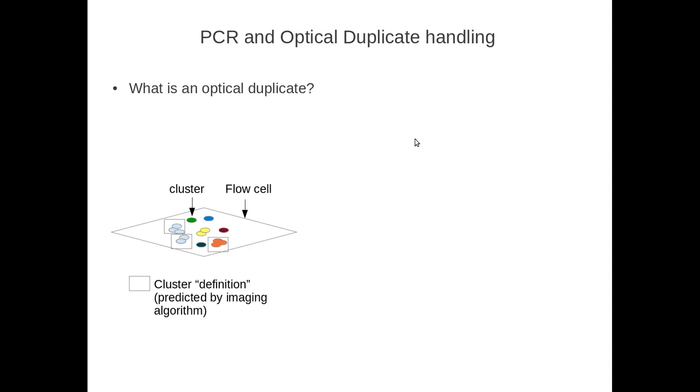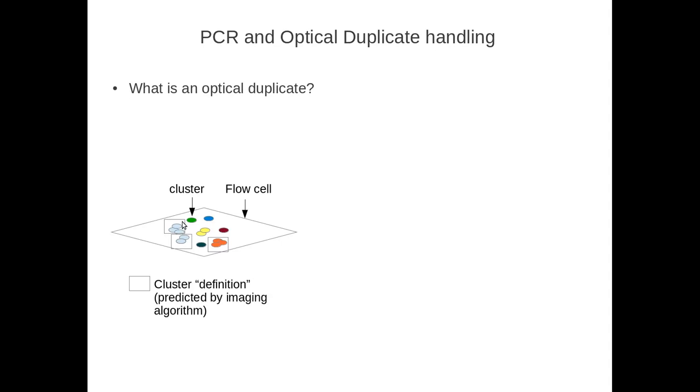So another class of duplicates has to do with an imaging problem on the flow cell, where again we don't want to be attributing reads that come from the same PCR product as being independent original genomic fragments.